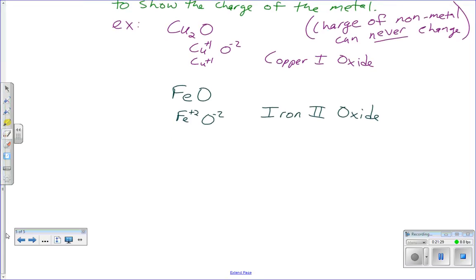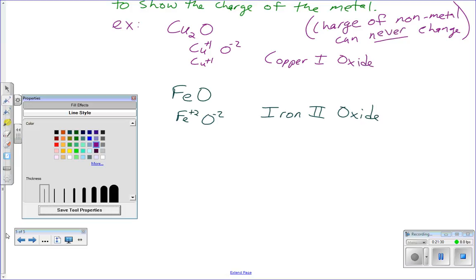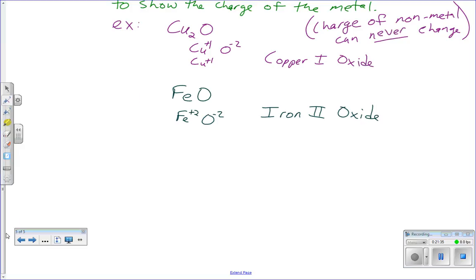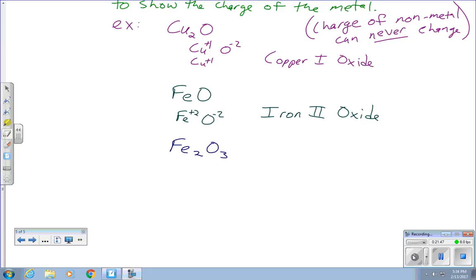I will do one more just to show the other example. This is the other ion that iron can form. So this time there are 3 oxygens. Okay? Each one is -2.